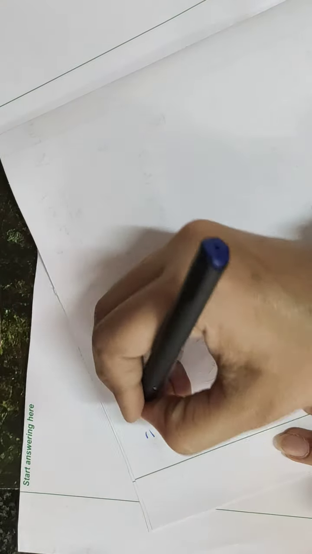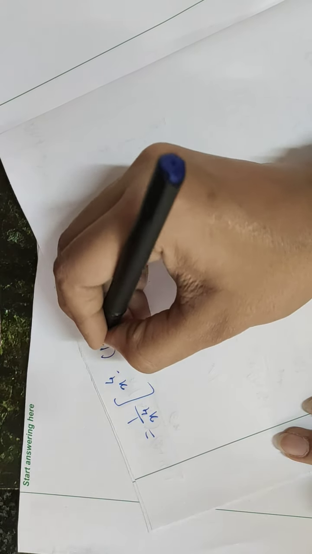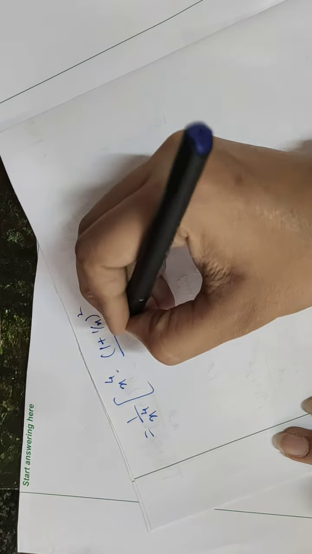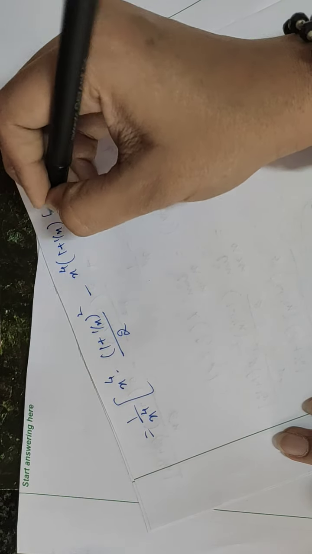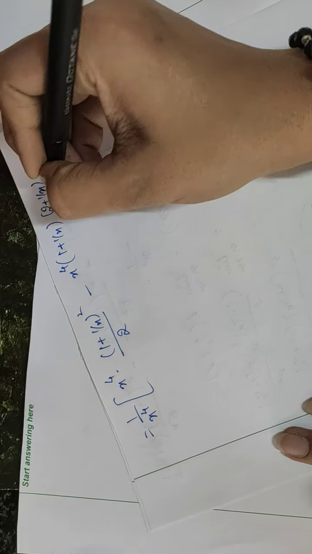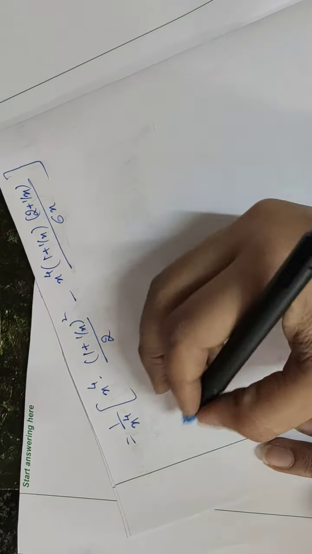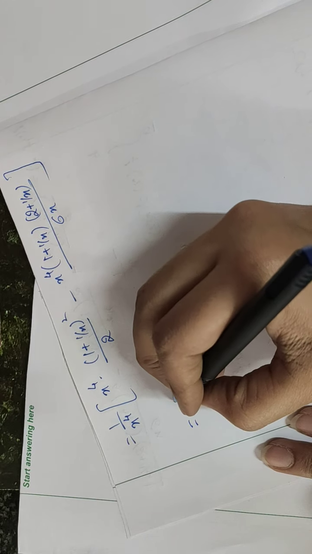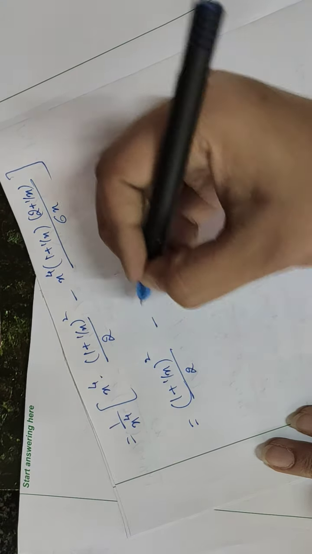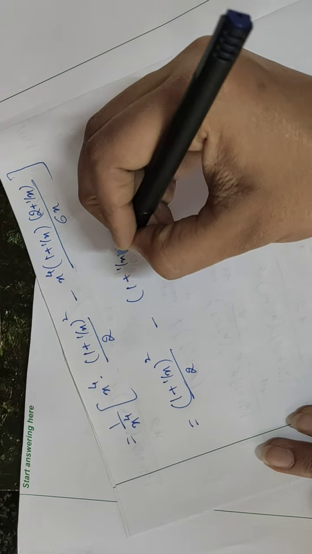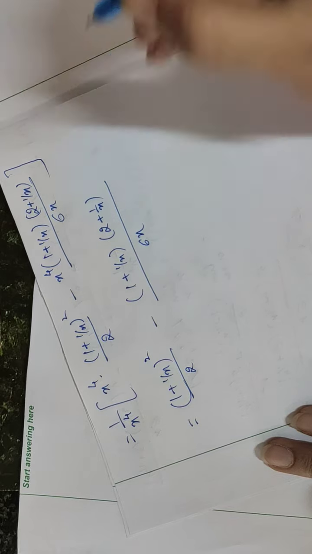You will be getting 1 over n power 4 into n power 4 into (1 plus 1 by n) the whole square by 2 minus n power 4 into (1 plus 1 by n) into (2 plus 1 by n) divided by 6n. Again, if you simplify this, you will be getting (1 plus 1 by n) the whole square by 2 minus (1 plus 1 by n) into (2 plus 1 by n) divided by 6n.